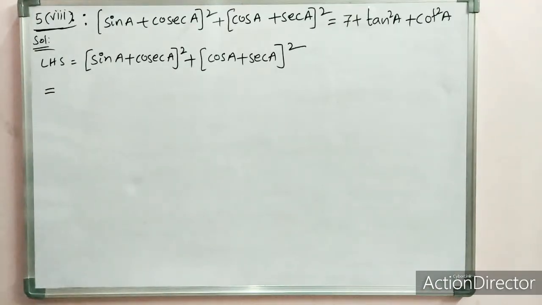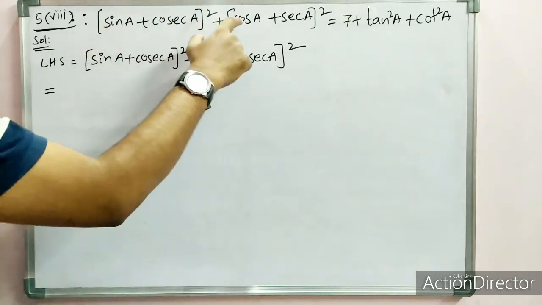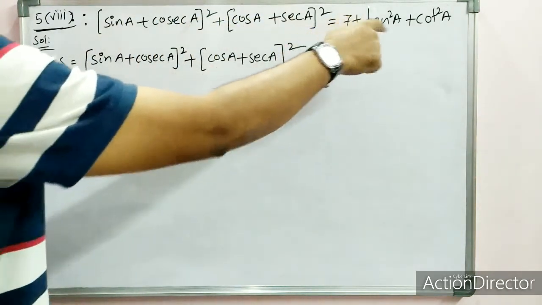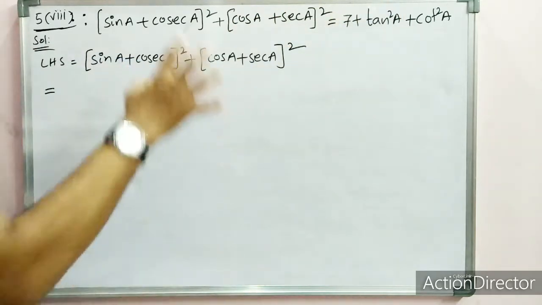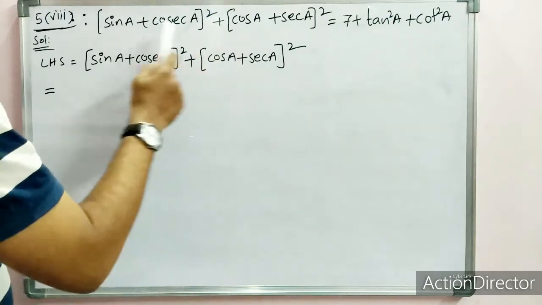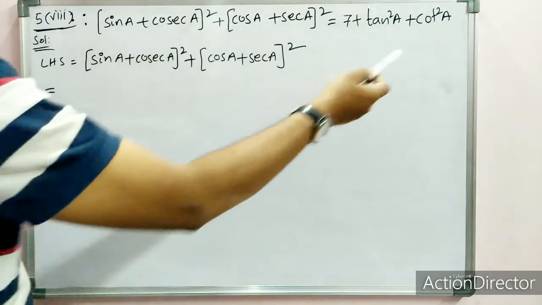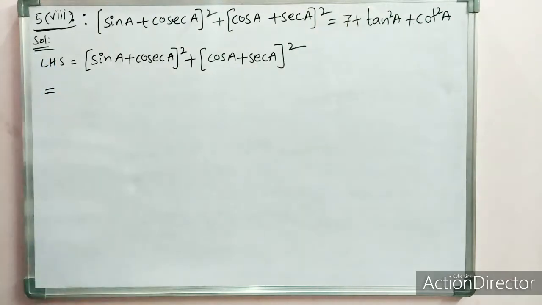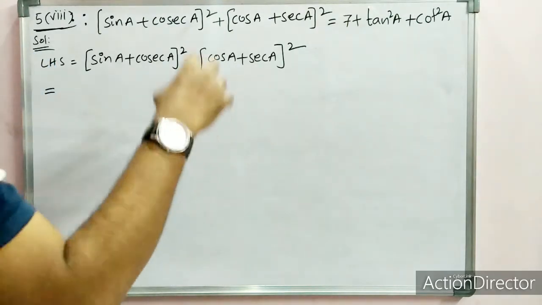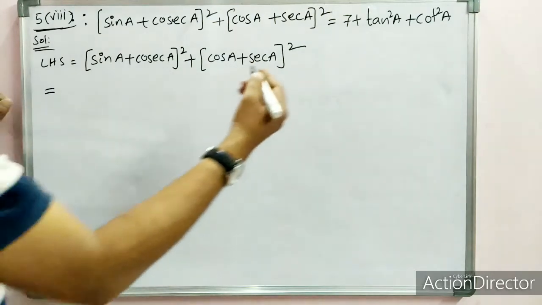Now the next identity to prove is (sin A plus cosec A) square plus (cos A plus sec A) square is equal to this one. Observe, the LHS part is in sin, cos and cosec, and the RHS is totally in terms of tan and cot. So first you should find the relative identities of tan and cot. What are they?